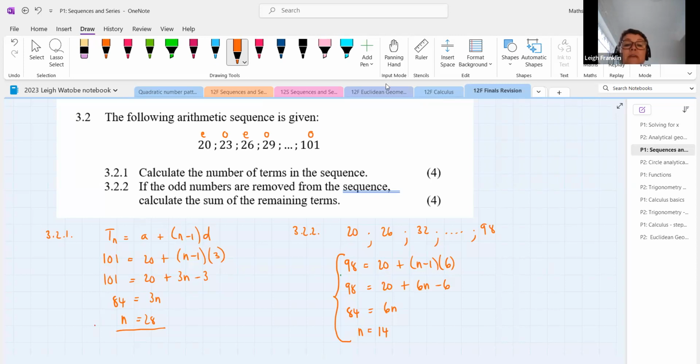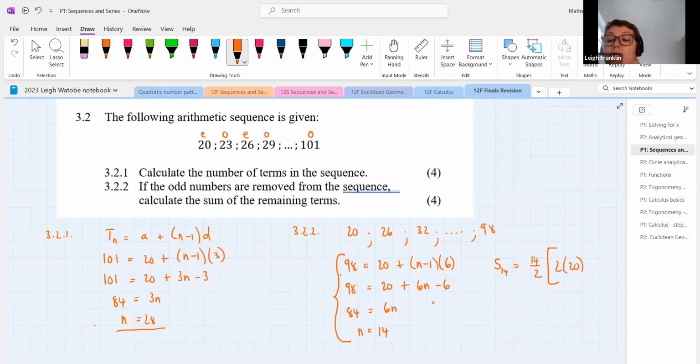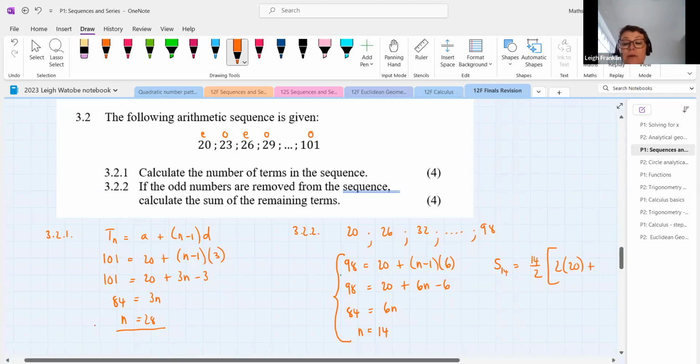Does that make sense to everybody? There you go. So we could have just divided the 28 by 2. That would have been okay for us to do that. That would have saved us a little bit of time. So now what we are doing is we are calculating a sum to 14. So 2 times 20 plus, let's just scooch over a little bit over here.